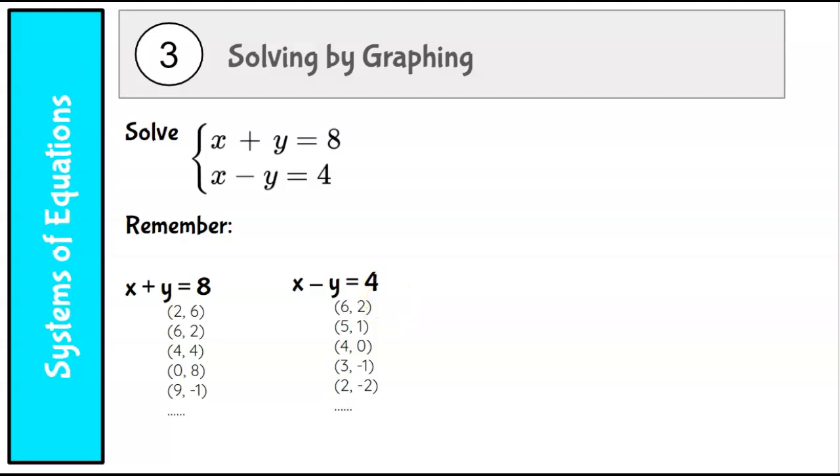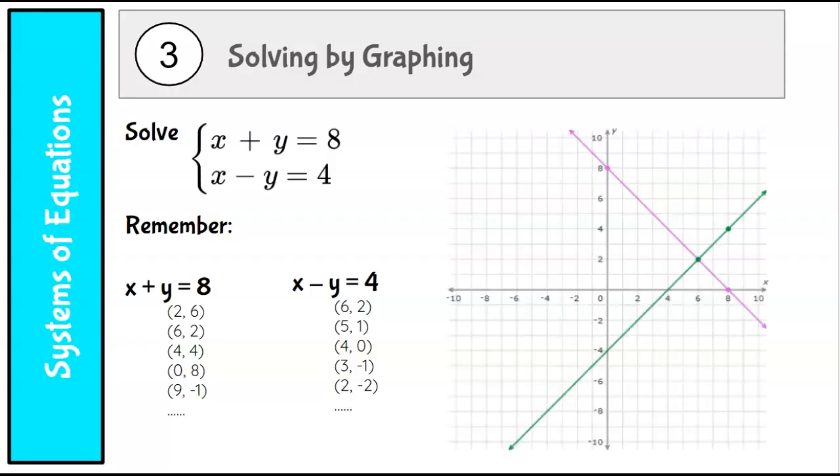4. And if I graph those points on a graph, the pink line here represents all of the things that add to get 8. And the green line represents all of the points that would be solutions to x minus y equals 4.